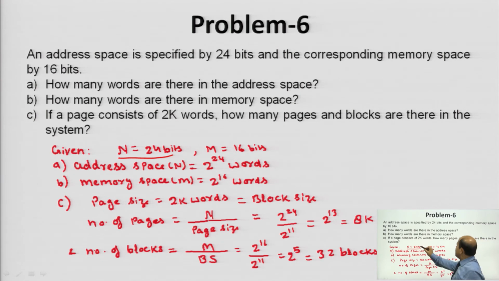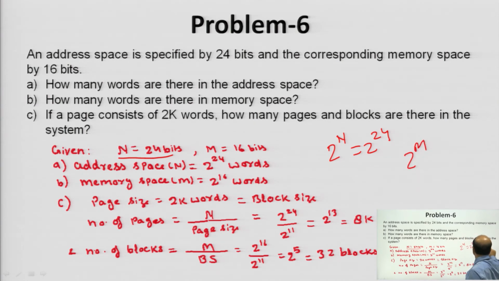Obviously, if n is given as 24, the address space will be 2 to the power n, that means 2 to the power 24. Similarly, the memory space will be 2 to the power m, so this will equal 2 to the power 16, which is the size of main memory.